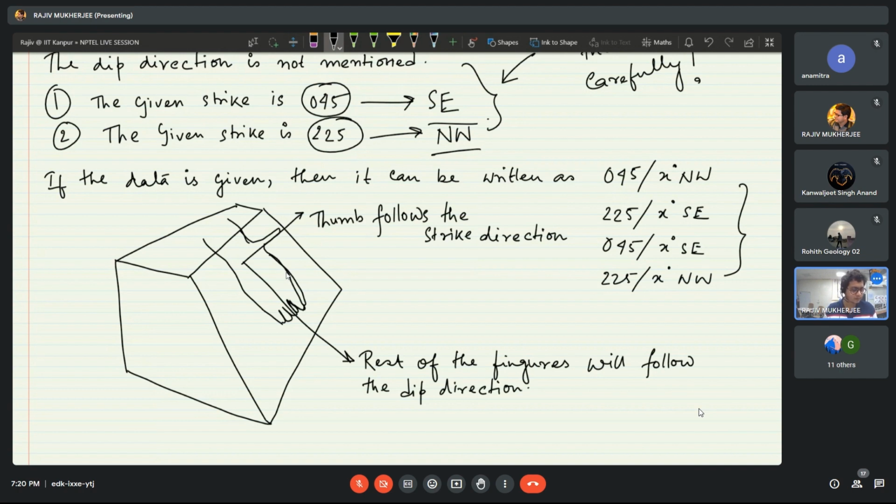So this is how the right hand thumb rule works. Any doubt regarding that?